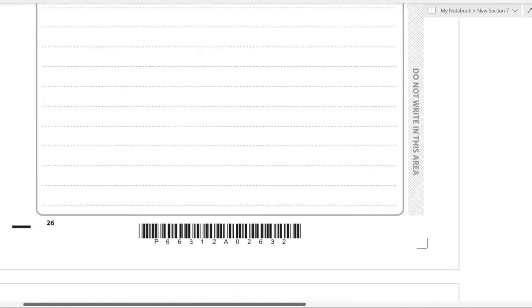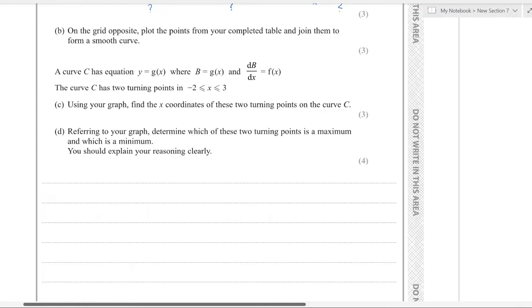So now I am moving to part C of 11, and part C has very complicated terms. A different curve C has equation y equals g(x), where y is also equal to g(x), and the differentiated value of g(x) is equal to f(x).